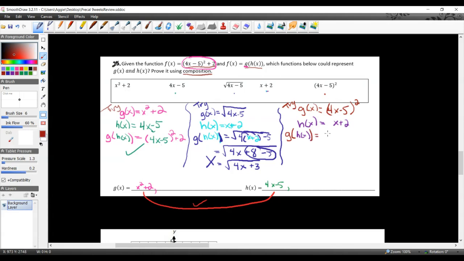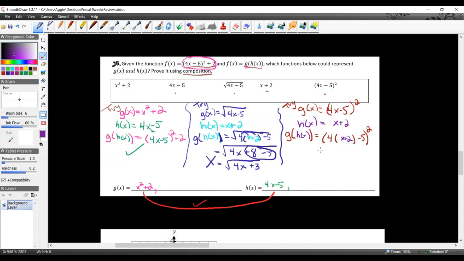And that's going to start off with all this. So parentheses 4, okay? And that's going to be, again, another parentheses, minus 5 square, okay? And inside that parentheses, we're going to plug in this x plus 2.